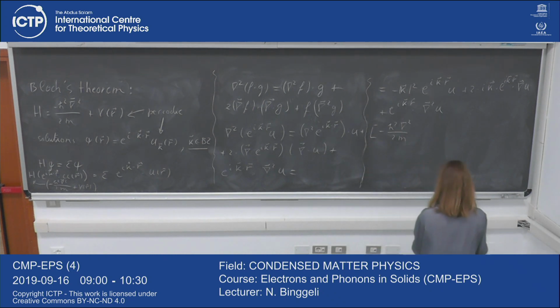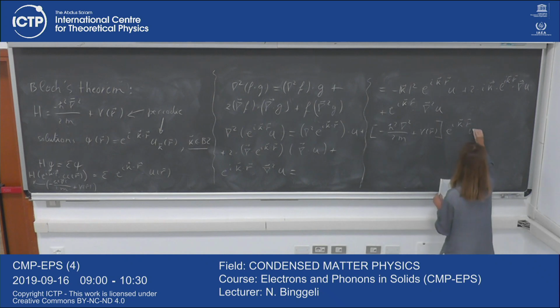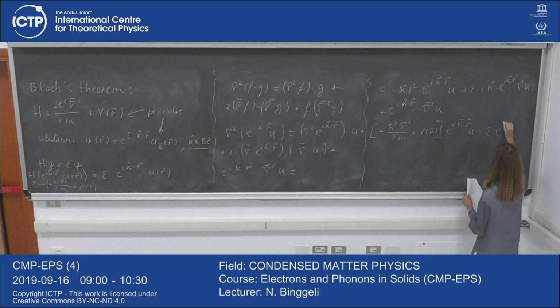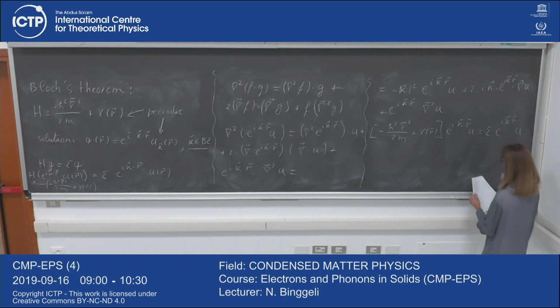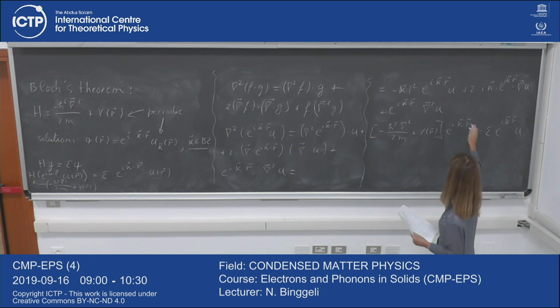So minus h bar square gradient square over 2m plus v of r, exponential I k r u is equal to epsilon exponential I k r u. So I have already worked this out here.